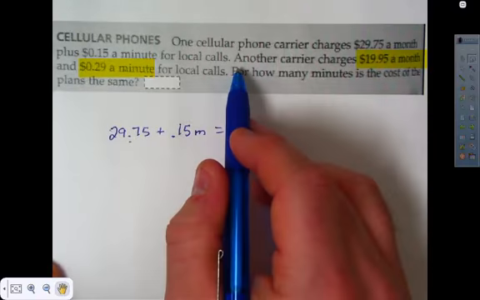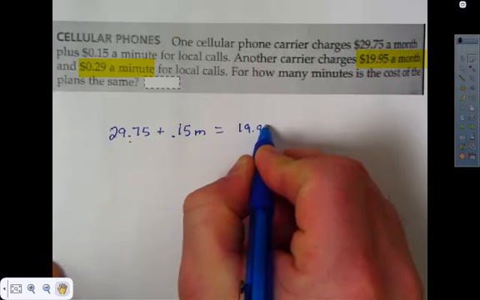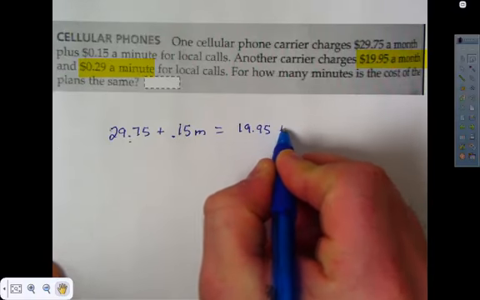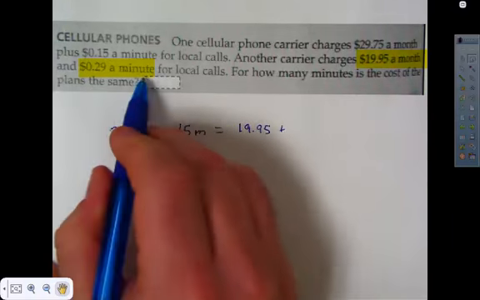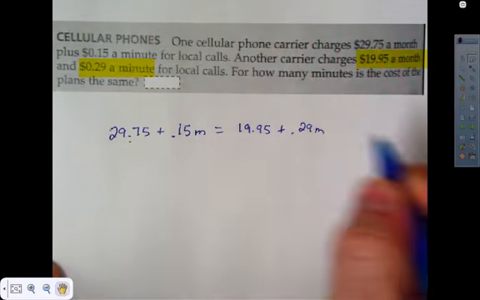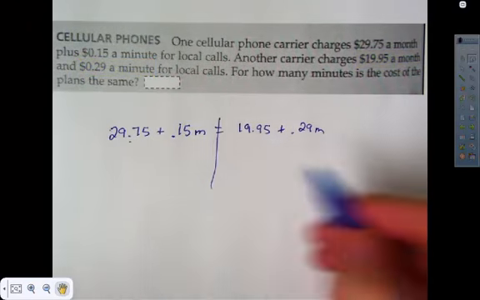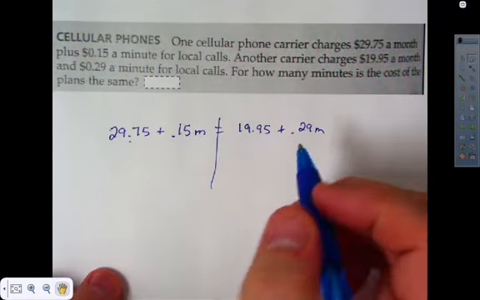The other plan is another carrier that charges $19.95 plus 29 cents a minute. So that is our rate there. Once we have this set up, we can bring our variables to one side and our constants to the other.